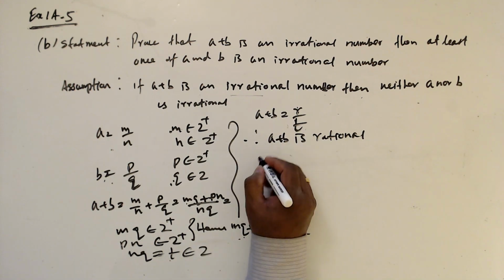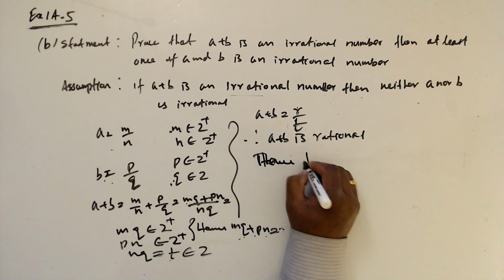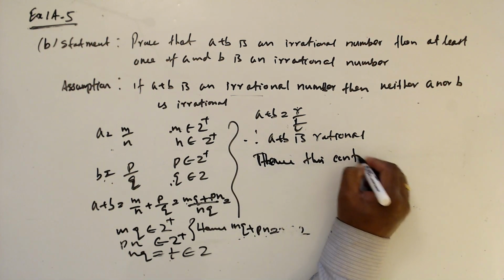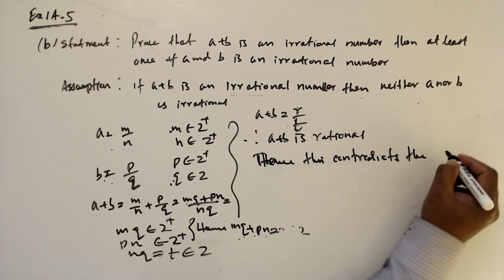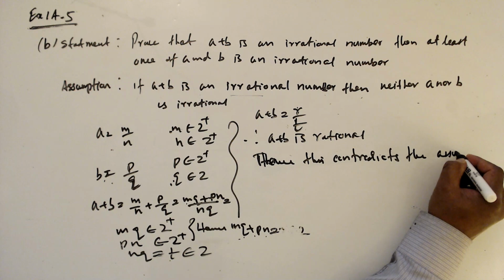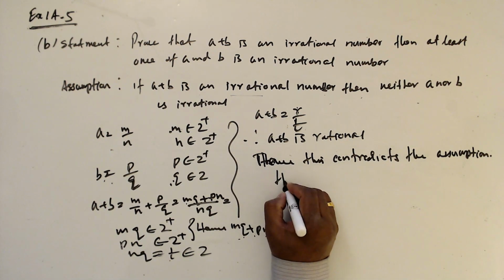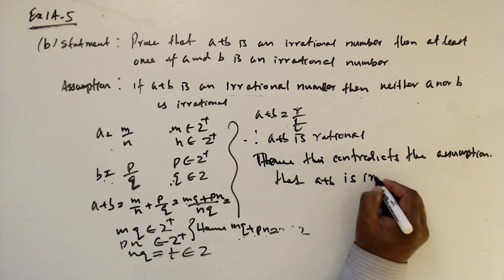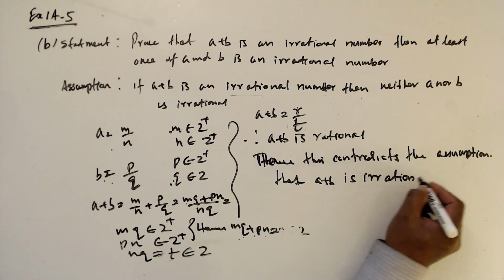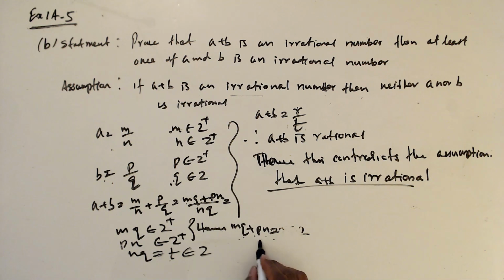This contradicts the assumption that A plus B is irrational. Hence we have to write mq plus pn equals r.